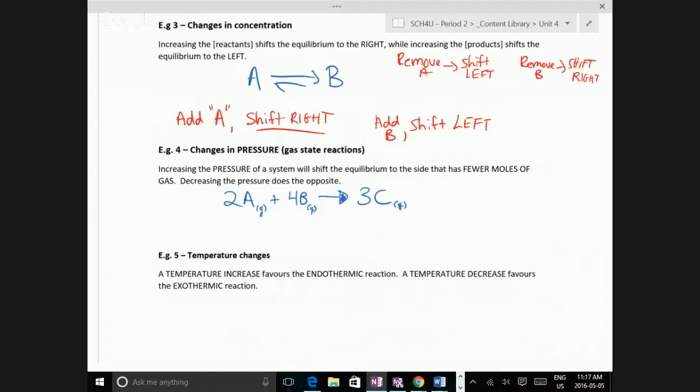So if we look at this reaction, which side wants to exert more pressure of the reaction? A and B, because together there's 6 moles of gas if we let the reaction go all the way to the left. If we let the reaction go all the way to the right, how many moles is it? 3.